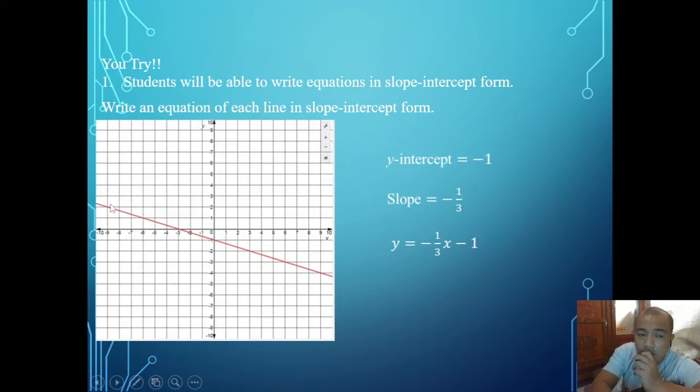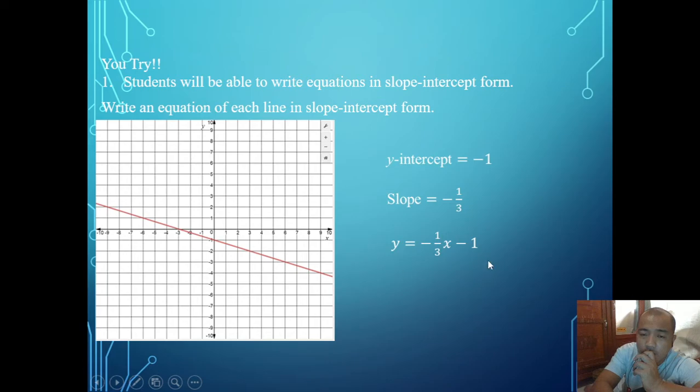Okay, another line going to the left direction, so therefore its slope is negative. What is the y-intercept? Negative 1. You can see that it is the point of intersection between the y-axis and the line. To get the slope, we just rise 1 and then run 3 to the left. Since the line is going to the left direction, the slope is negative 1/3.